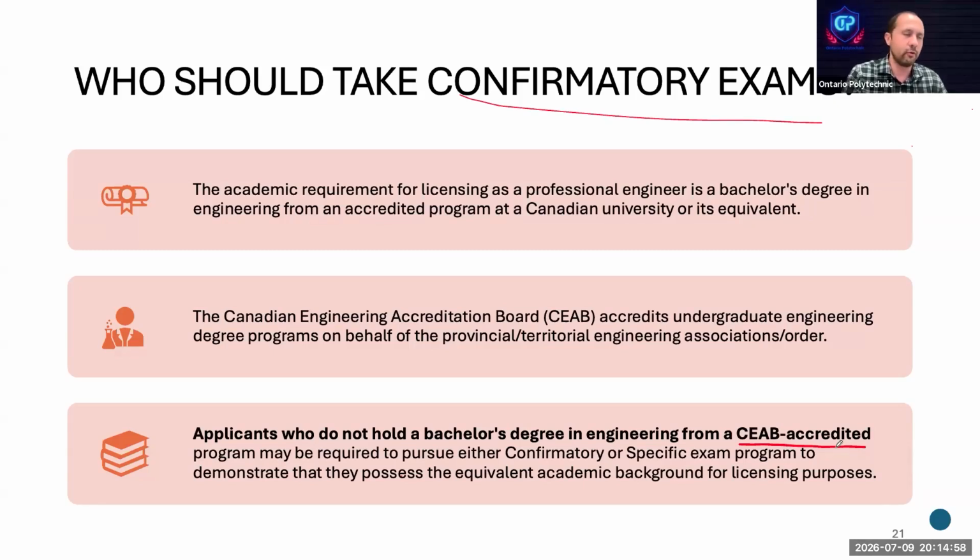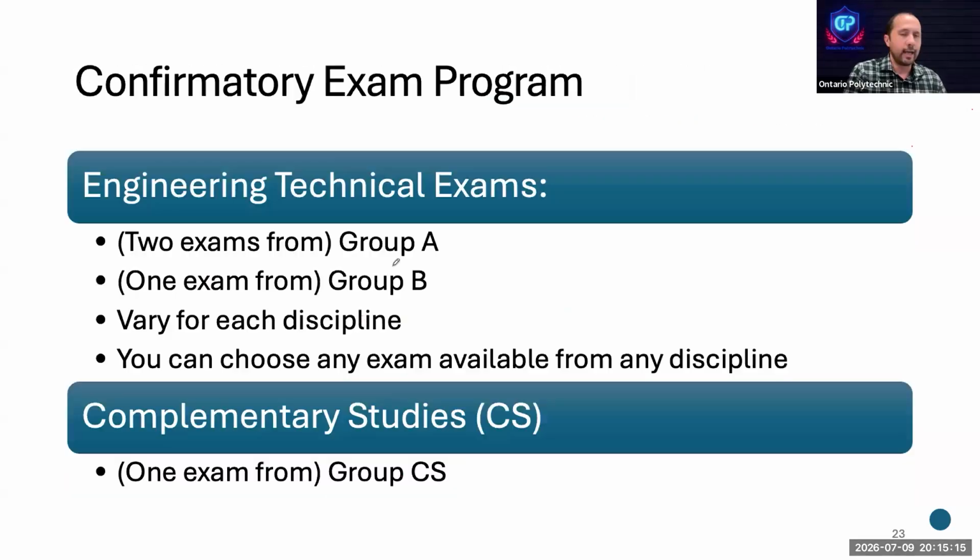Between 2 to 4 exams. Some provinces might assign more, and some people based on their profile may be assigned more exams. But right now in Ontario, you have to pass between 2 to 4 exams, because your degree is not from the US or Canada. This applies to anyone, so it doesn't matter.